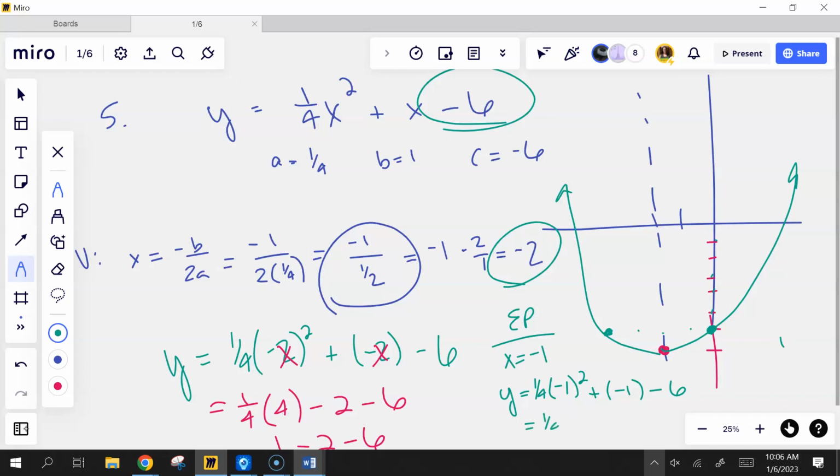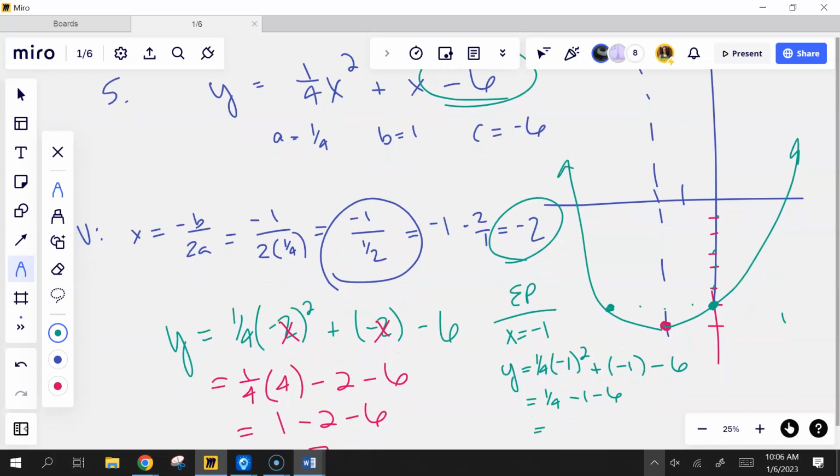Or 1/4 minus 1 minus 6. What do you get? -6 3/4? So that would be -1, -6 3/4, which would end up being right here. Then you'd reflect that one and connect it. Just different points, whatever point you want to use.